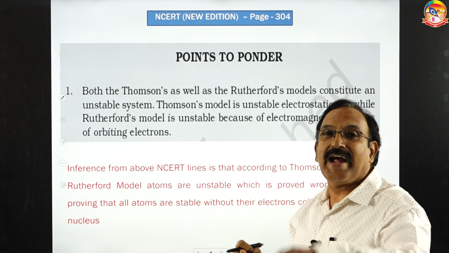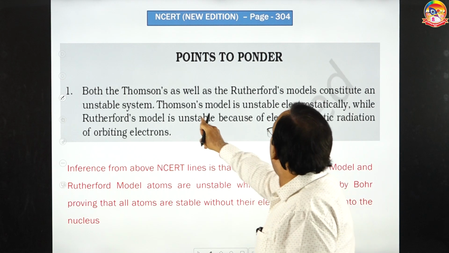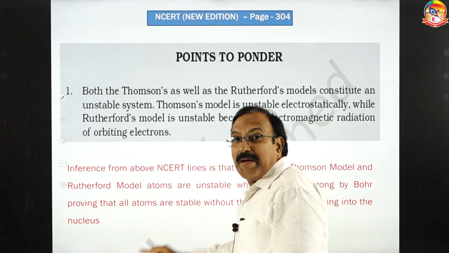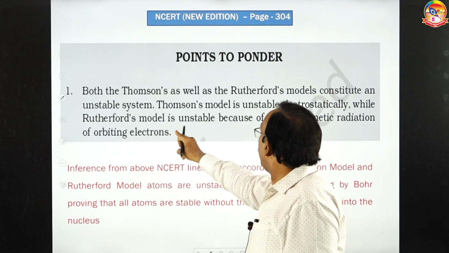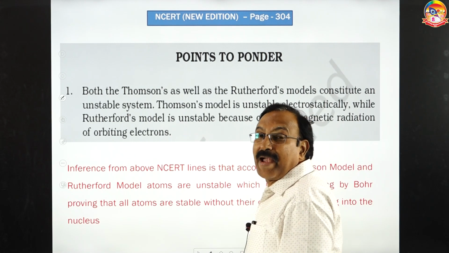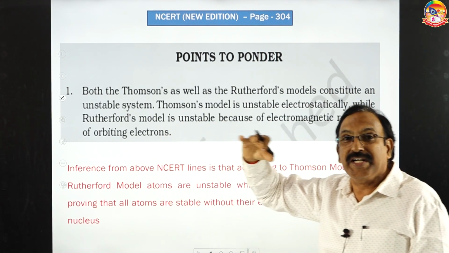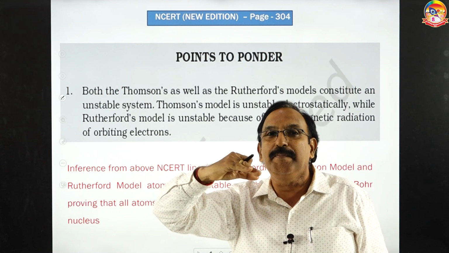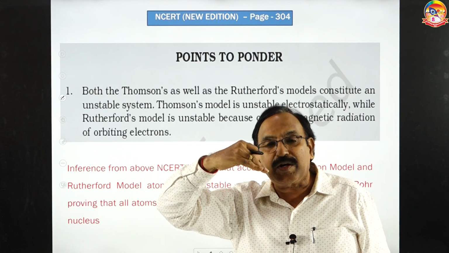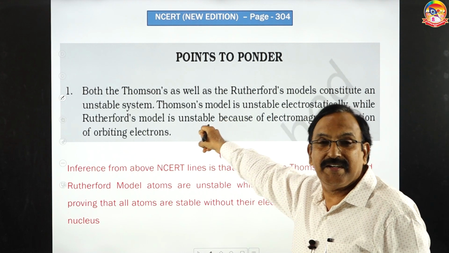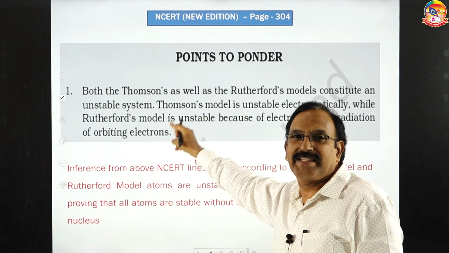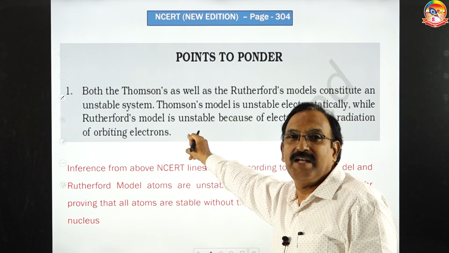They have even added extra wording: the Thomson model is unstable electrostatically and the Rutherford model is unstable electromagnetically. So they have mentioned instability based on the electrostatic and electromagnetic parts. This NCERT point is there in both the old and the new NCERT.